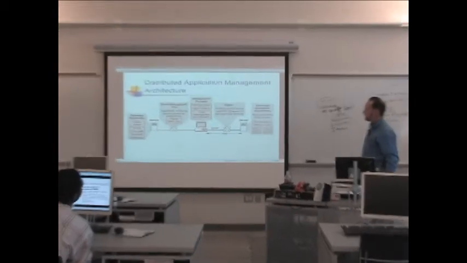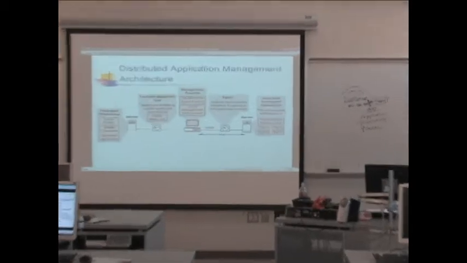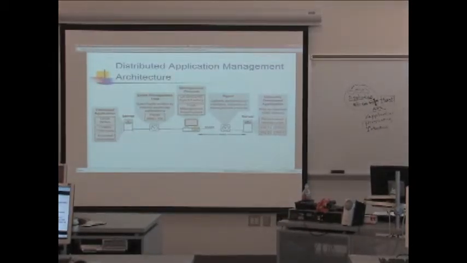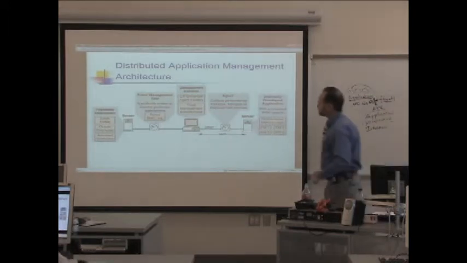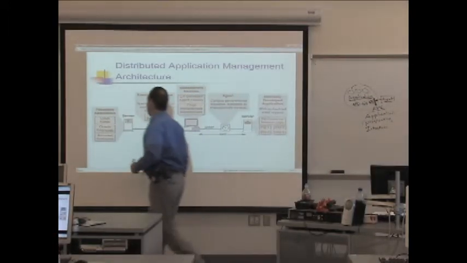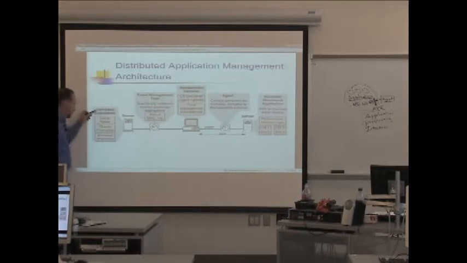Here's a graphical overview then of distributed application management as far as the architecture is concerned. So here are the applications that they're referring to, and they could be any applications. These all are just pretty basic, commercially available database applications.